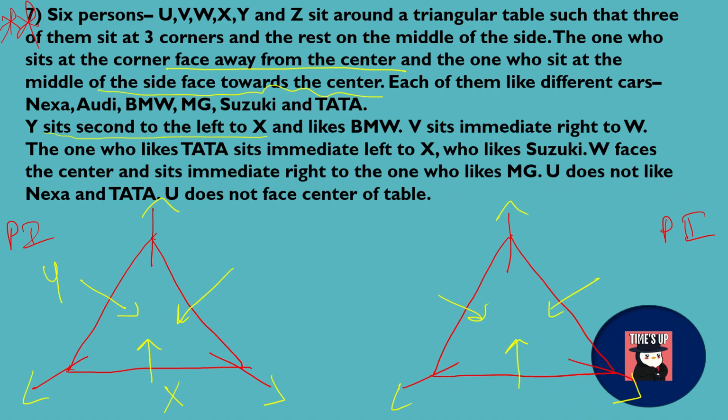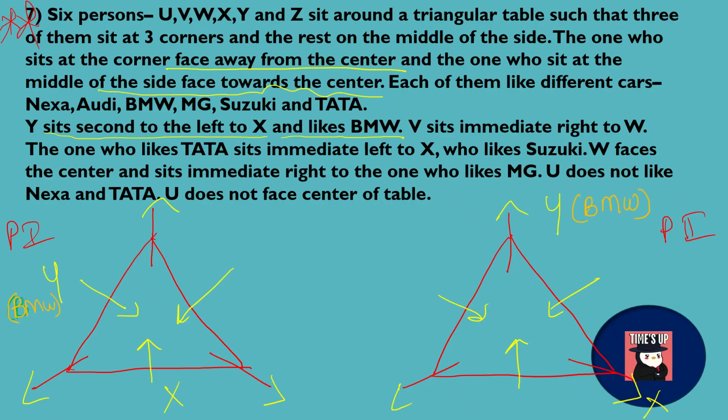Otherwise, for X we will take this case, which is facing away. If X is facing away, then Y sitting second to the left of X means Y will come here and likes BMW. Can you see, students? Y is liking BMW.